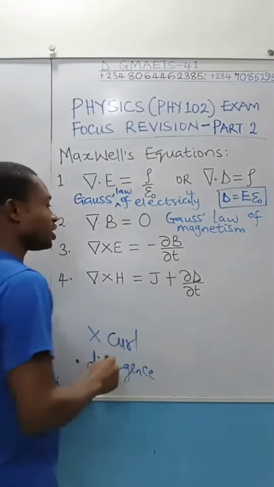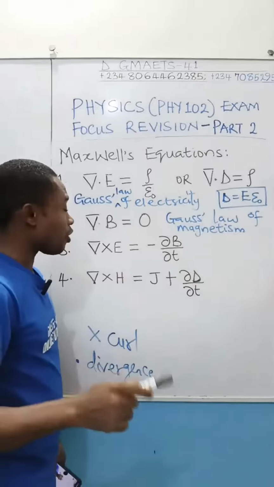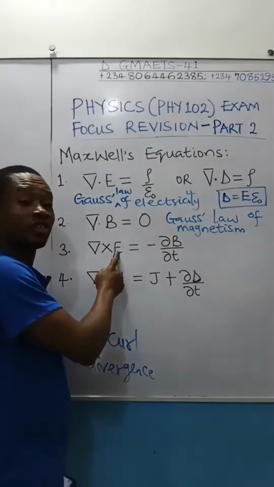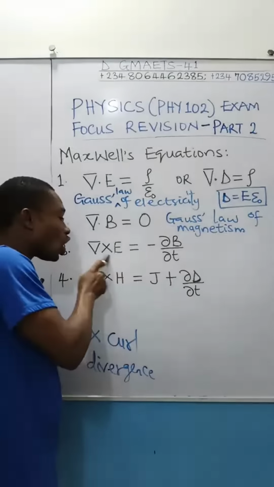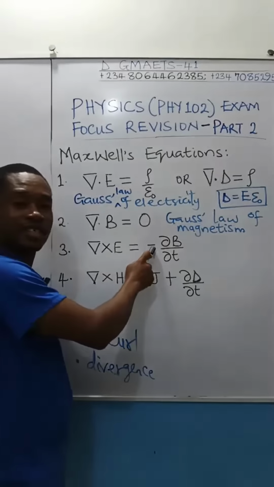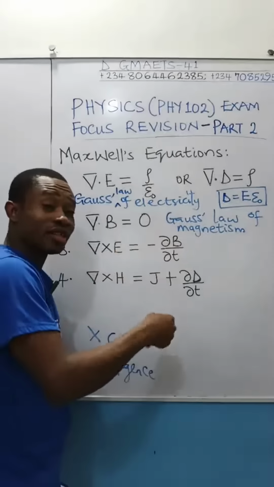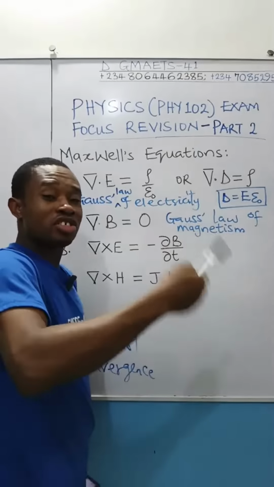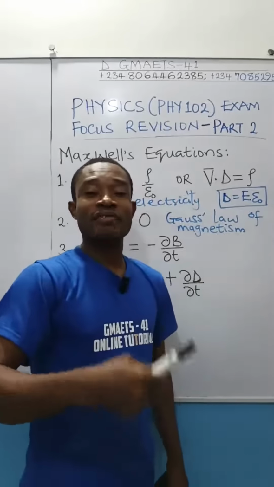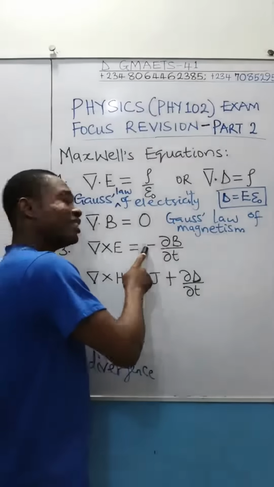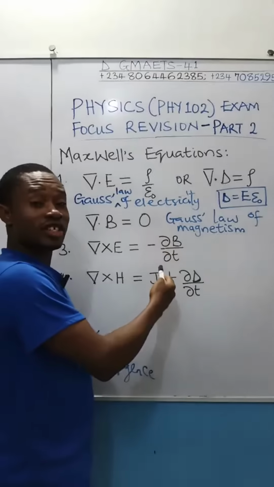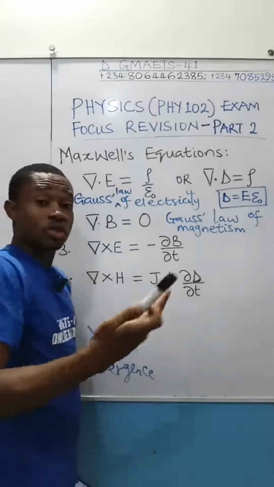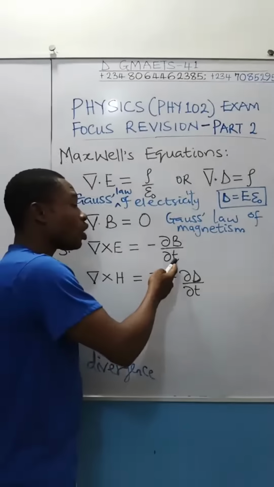So in this case of number 3, the Maxwell's equation is telling us that the curl of this vector function, which is the electric field, is equal to negative the partial rate of change of magnetic flux density, or simply put, negative the partial derivative of the magnetic flux density, or magnetic field strength, because this B is also the strength of the magnetic field, with respect to time.